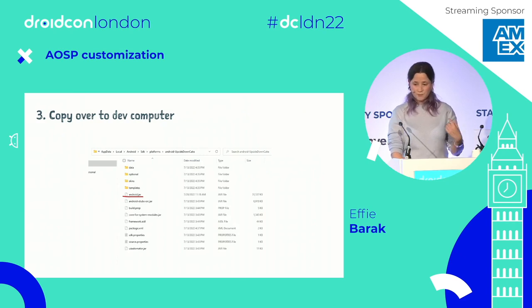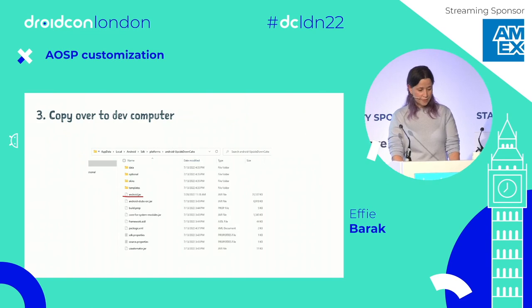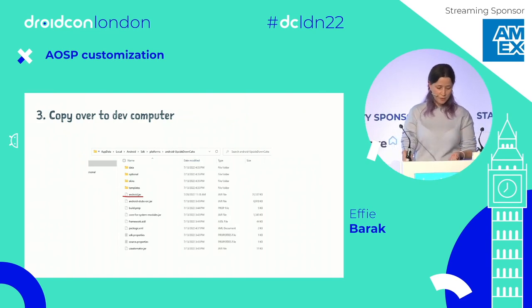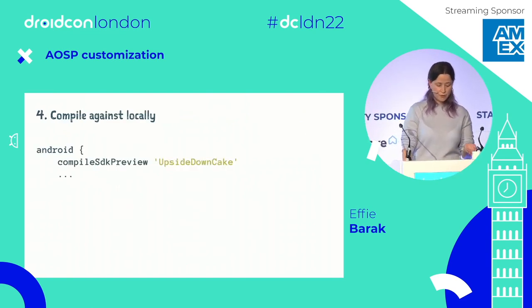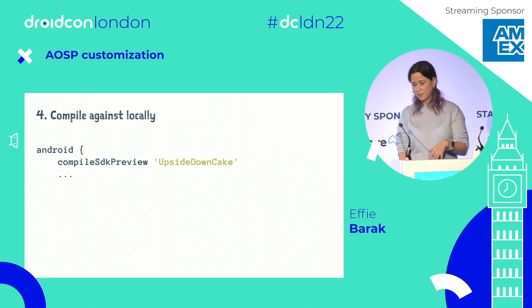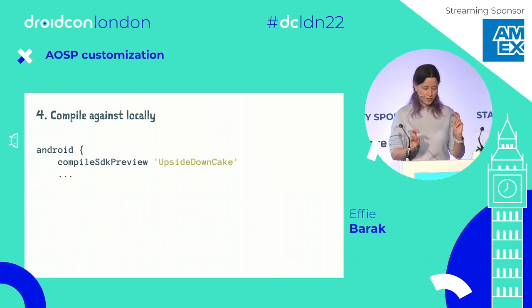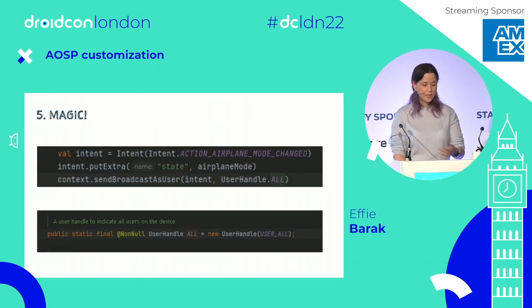We take this SDK that we created, move it over to our dev computer, and just tell Gradle to build locally against it. Instead of building against, I don't know, 32, 33, whatever official version downloaded from Google, we're now building against our cheating one. And now it has all these properties. It can recognize that we are able to access them, that they exist, basically.